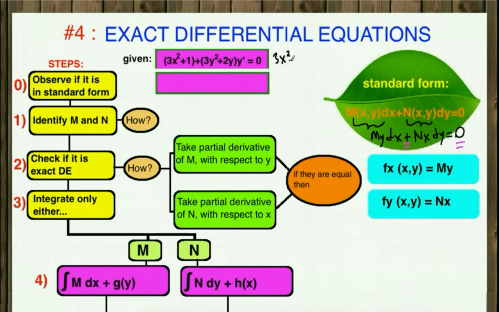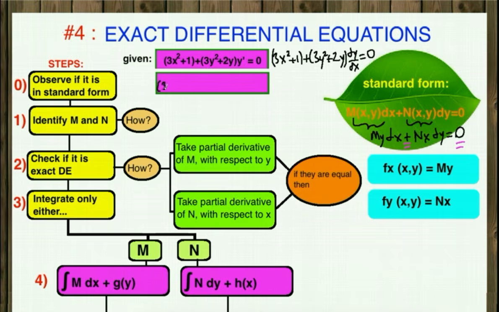So (3x² + 1) + (3y² + 2y) times dy/dx instead of y prime equals 0. Now we're going to multiply the whole equation by dx.